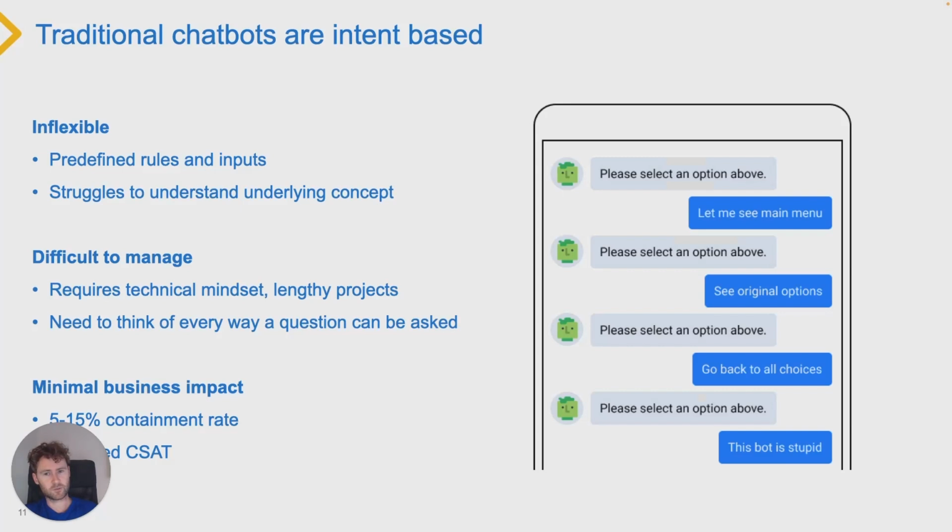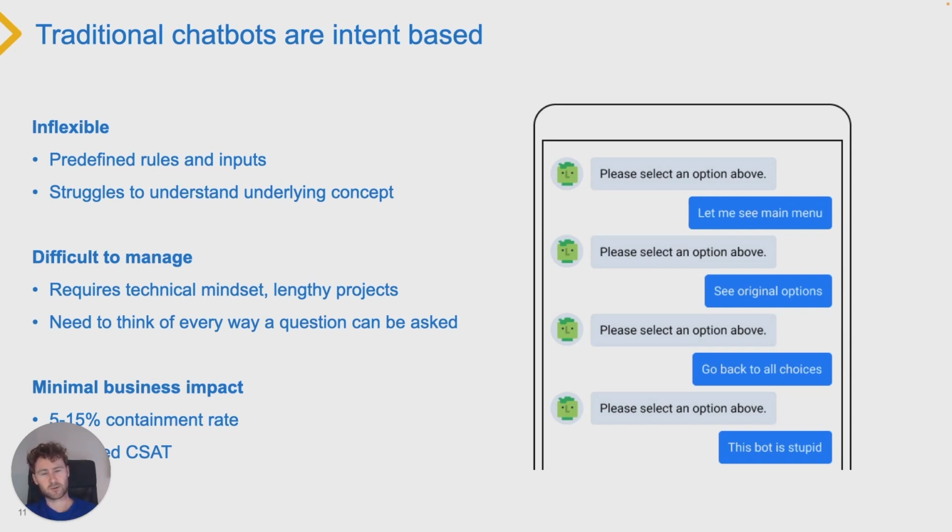So traditional contact center chatbots are based on what are called intents. Think of them as FAQ, specific questions with specific pre-written answers. And the way you would build these systems is you would write up all of your FAQs.